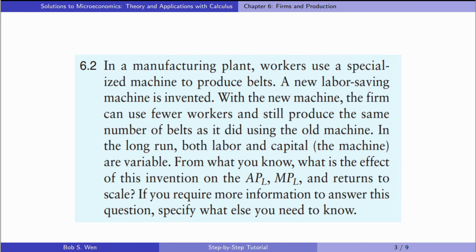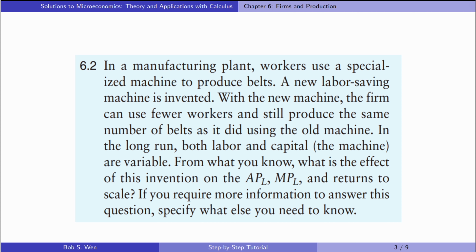Let's try exercise 6.2. In a manufacturing plant, workers use a specialized machine to produce belts. A new labor-saving machine is invented. With the new machine, the firm can use fewer workers and still produce the same number of belts as it did using the old machine.